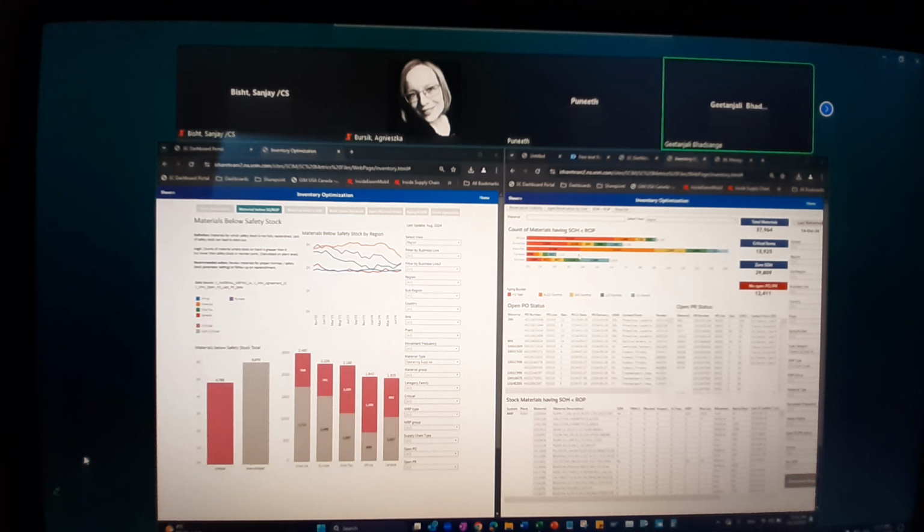Sorry to interrupt you, but this may be because of the refresh. Because one we are refreshing on a monthly basis and one is on a daily basis. Can you please repeat? Yeah, I'm saying, is this because of the refresh issue? Because one dashboard we are refreshing on a monthly basis and one is on a daily basis.